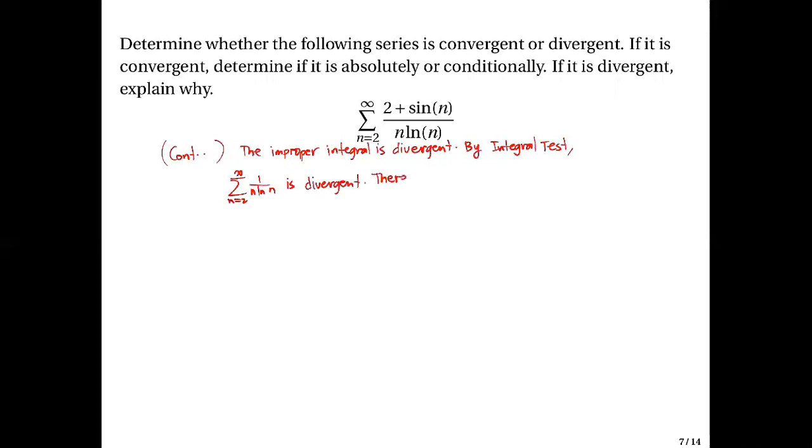Therefore, by comparison test, the original series, the series of 2 plus sine n over n ln of n from 2 to plus infinity, is divergent. Okay?